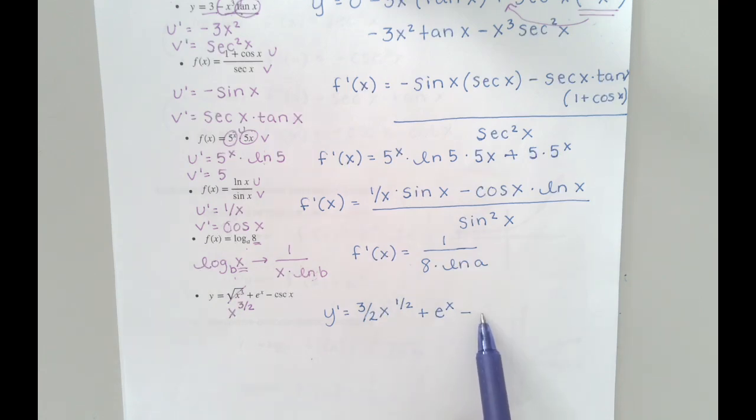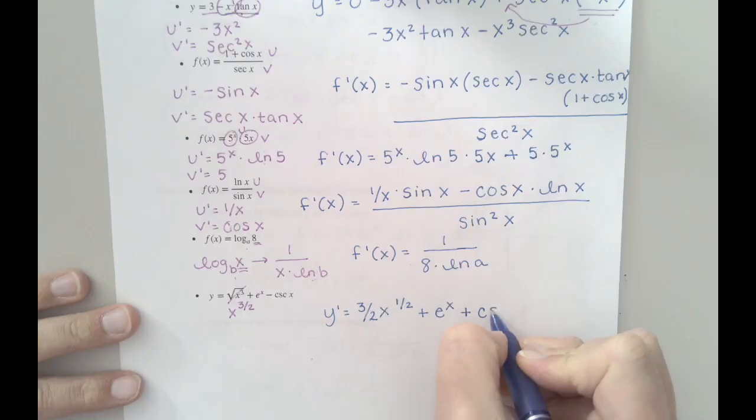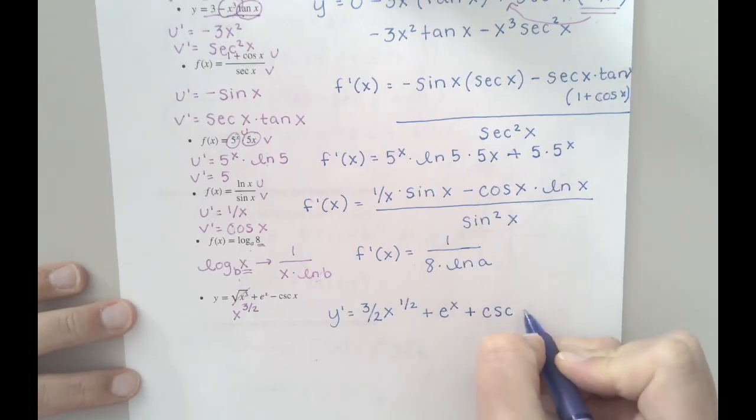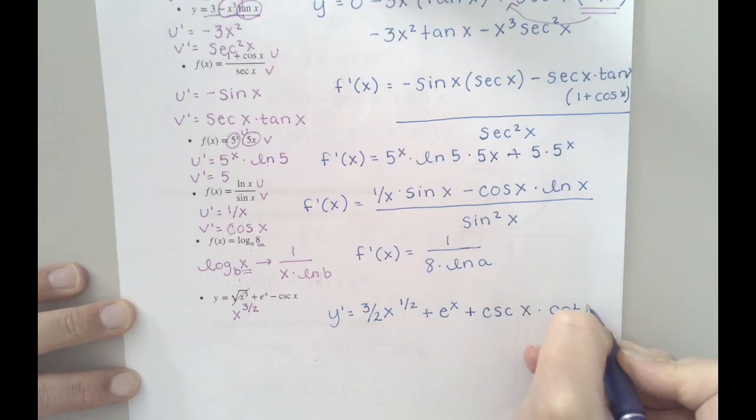If I'm putting in a negative here and this is already negative, those two negatives can team up and make a positive. Okay, so I just didn't want anyone to be confused about why I'm suddenly putting a plus sign there. So this will be cosecant x, cotangent x.